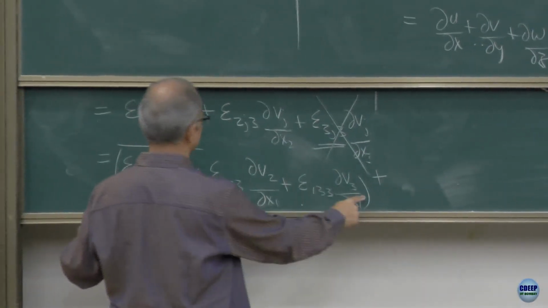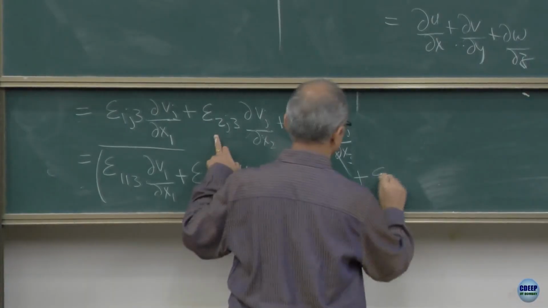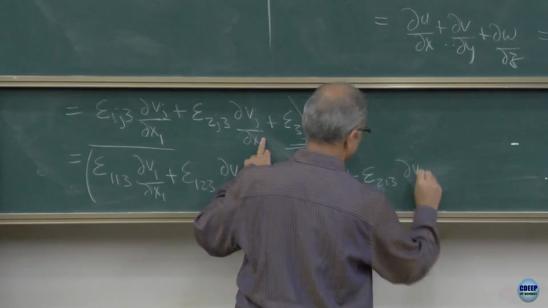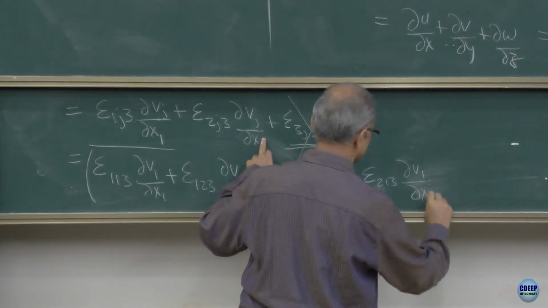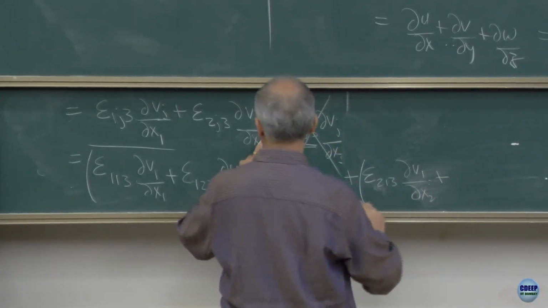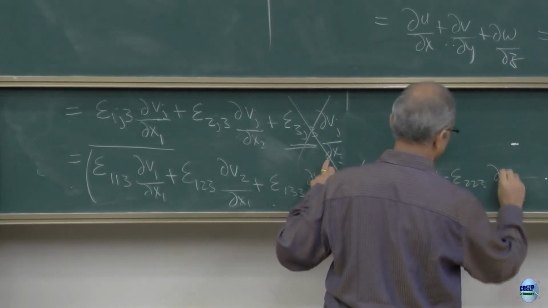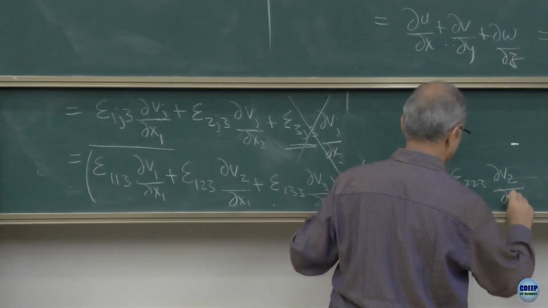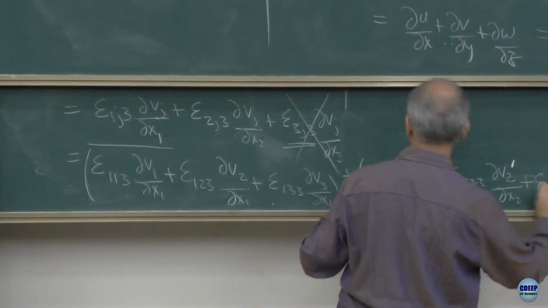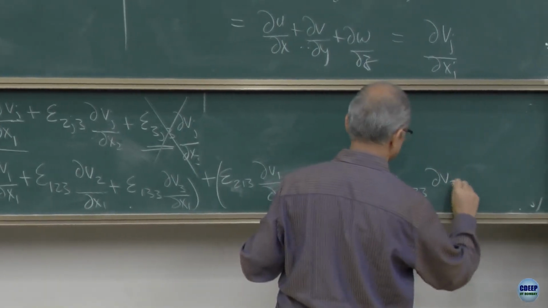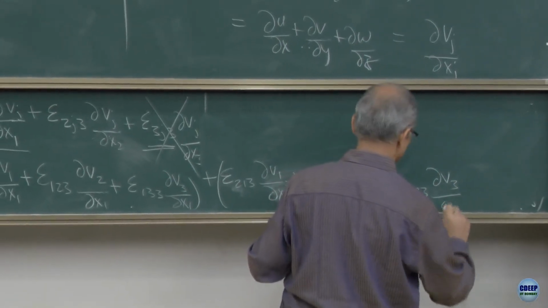So this is what I get from my first term. The second term gives me epsilon 213 dou v1 dou x2 plus epsilon 223 dou v2 dou x2 plus epsilon 233 dou v3 dou x2.